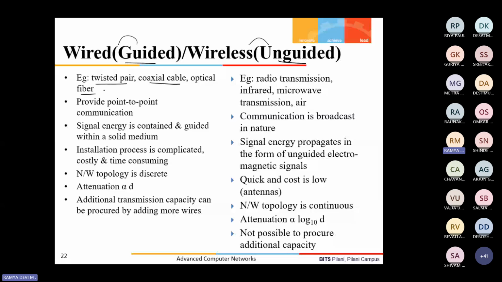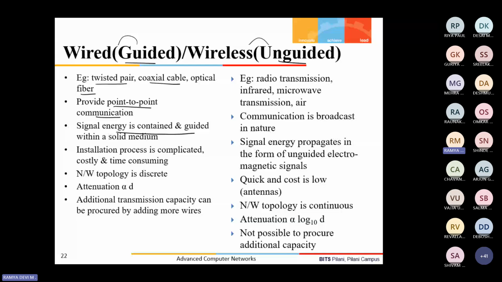These media provide point-to-point communication, so the data travels directly between two points from the source to the destination. The signal energy is contained and guided within a solid medium, which prevents it from spreading or leaking.